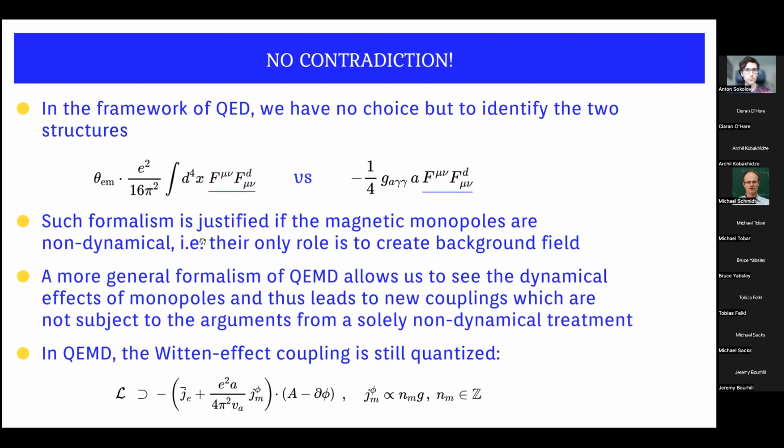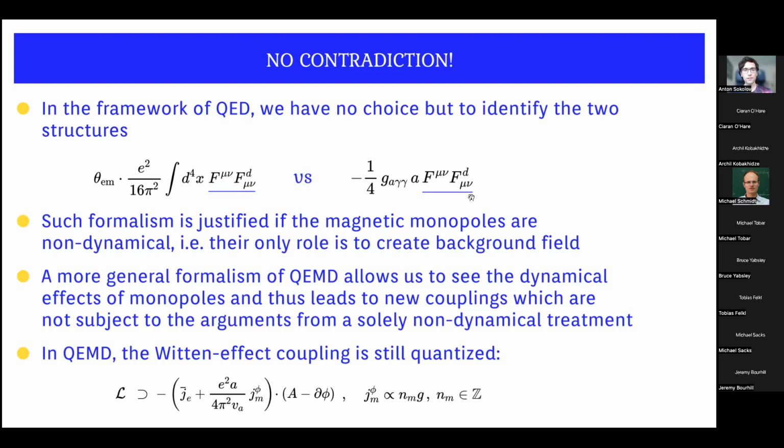Yeah, but actually there is no contradiction, because what these authors do is they identify the two structures here: theta F F dual, which corresponds to the Witten effect, and a F F dual, which corresponds to the axion-photon interaction. This is perfectly okay within the U(1) gauge theory, so the theory of electrodynamics.